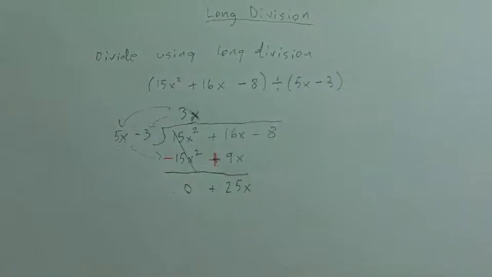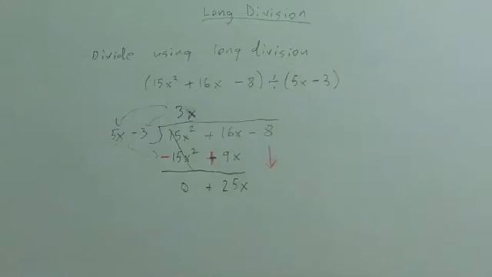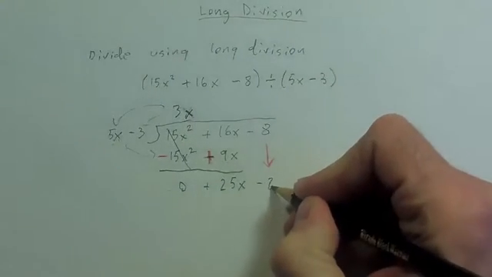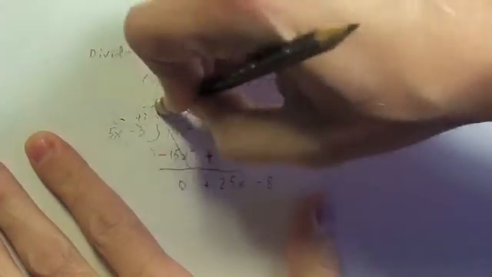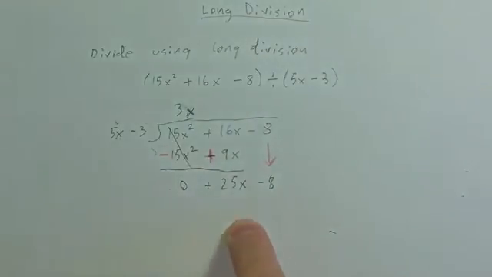Then we bring down this next piece, this minus 8. Hopefully this is looking familiar. Now we do this process again. I want to find something I can multiply 5x by to get 25x.